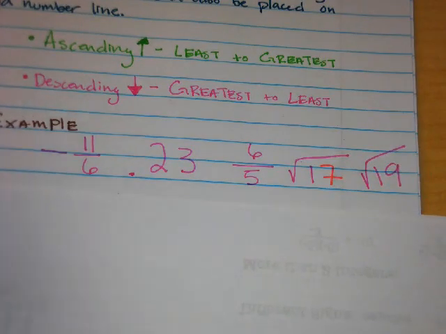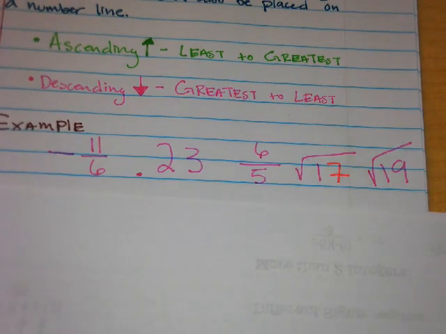Here's an example. We have negative 11 over 6, 23 hundredths, 6 fifths, the square root of 17, and the square root of 19. If you notice, we have a few rational numbers like 6 fifths, 23 hundredths, and negative 11 over 6.